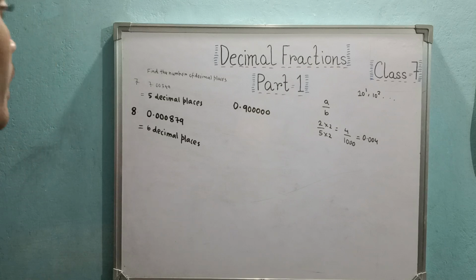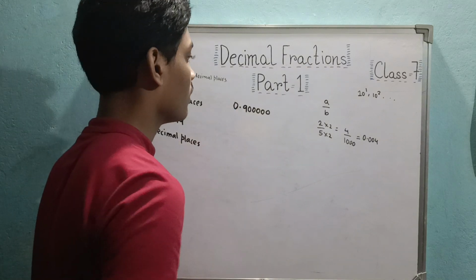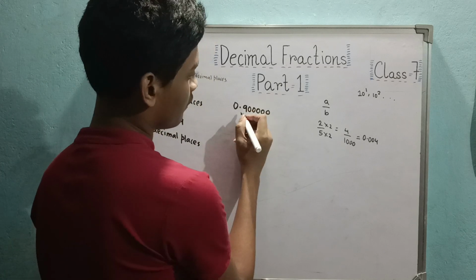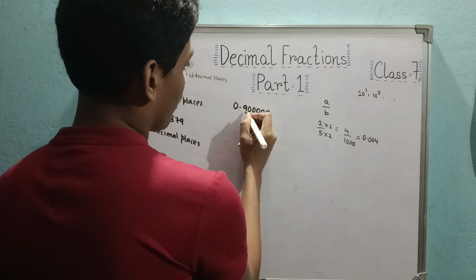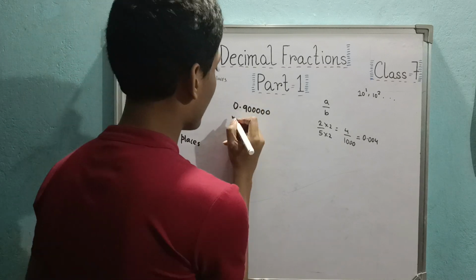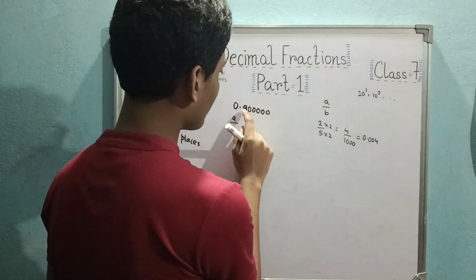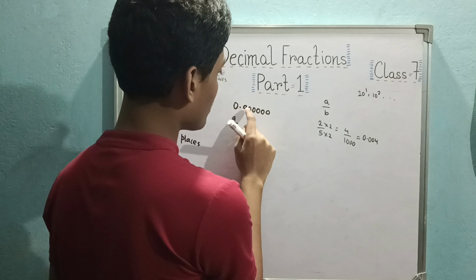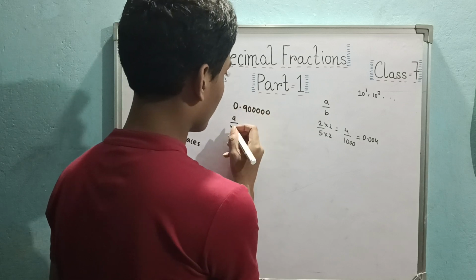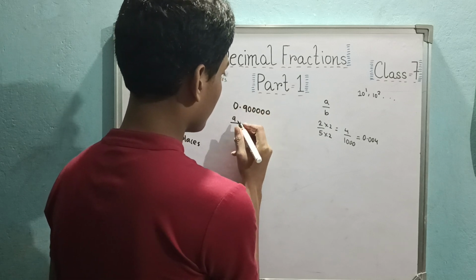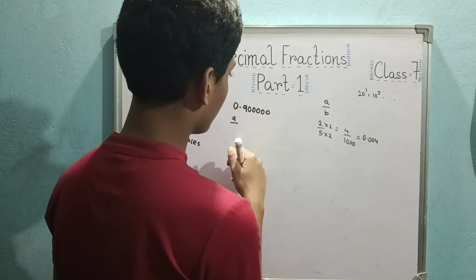No. After the decimal point, see. Now you see this. This is what? 9 by how many places are there? 1, 2, 3, 4, 5, 6. So not like that.